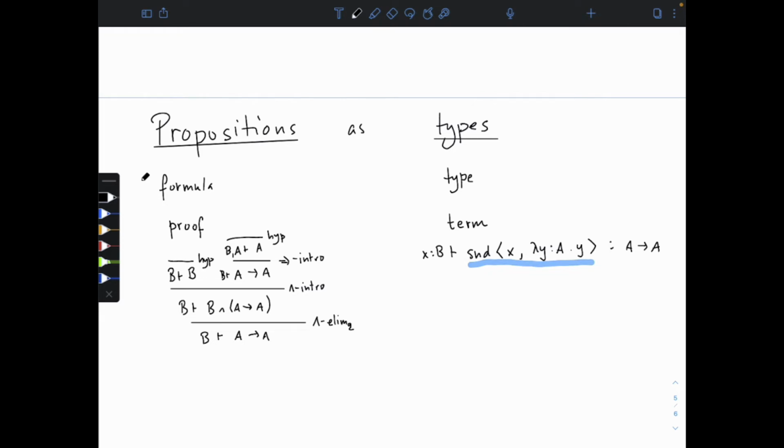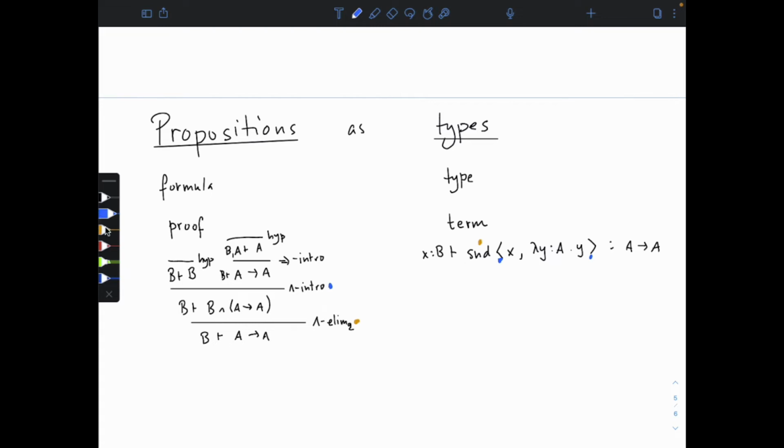So what is what? Let's see how many colors I can use. So I'll use this color. Okay, so this guy corresponds to this guy. This guy, no. This guy corresponds to pairing. See?